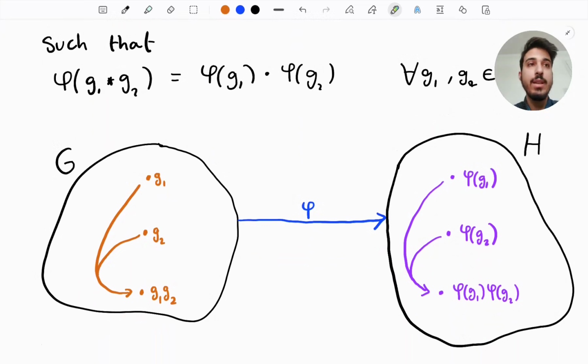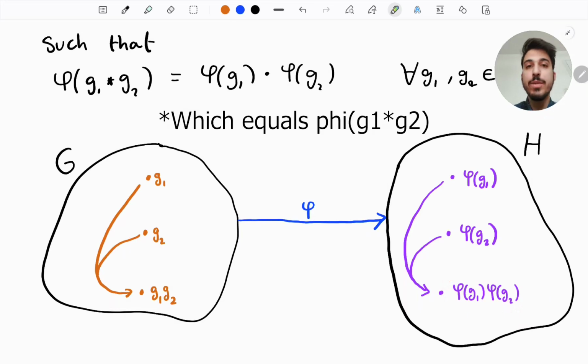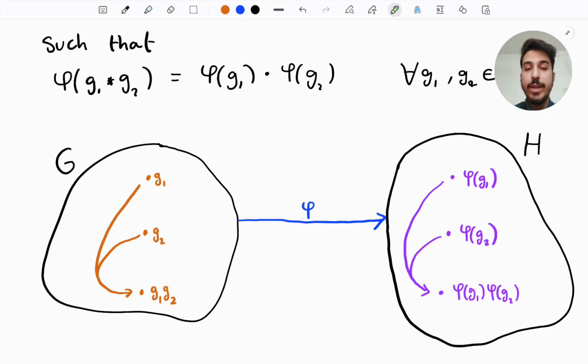Here we can see that g1 and g2 operating together in G gives the product g1 g2, and phi of g1 and phi of g2, the images of g1 and g2 by phi, when they operate together, give phi of g1 times phi of g2, thus respecting the group structures of both groups. So in a sense, homomorphisms are maps that behave nicely with respect to the structure of the group.